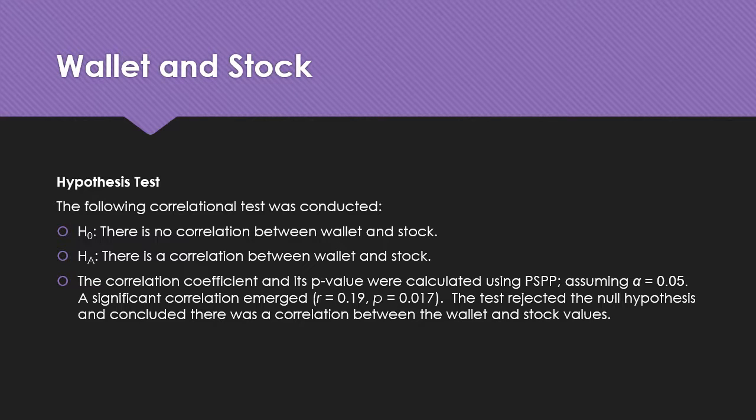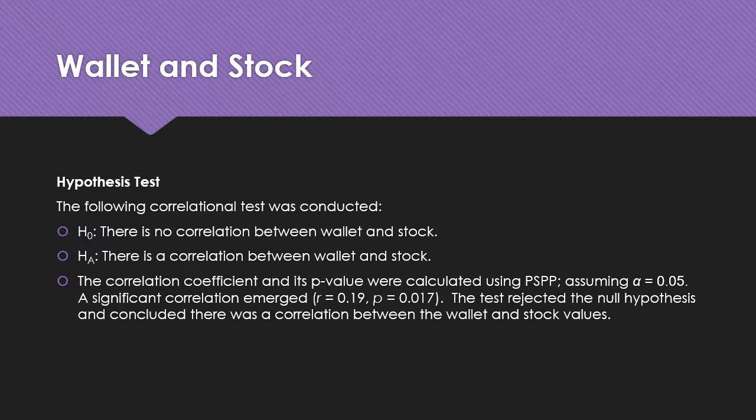Okay, the final hypothesis here was wallet and stock. I want to emphasize the fact that all the tests I'm talking about showed a significant correlation between them. We're not hitting anything in which the null hypothesis was retained. In this case, for wallet and stock, the null hypothesis was that there was no correlation between wallet and stock, and the alternative hypothesis is that there is a correlation between the wallet and stock.